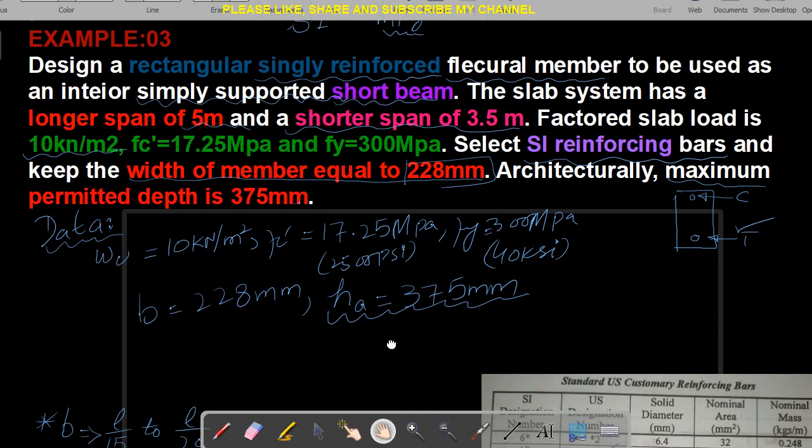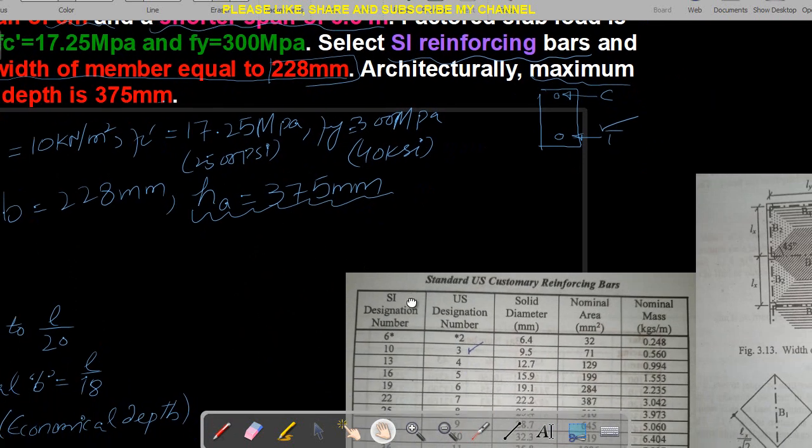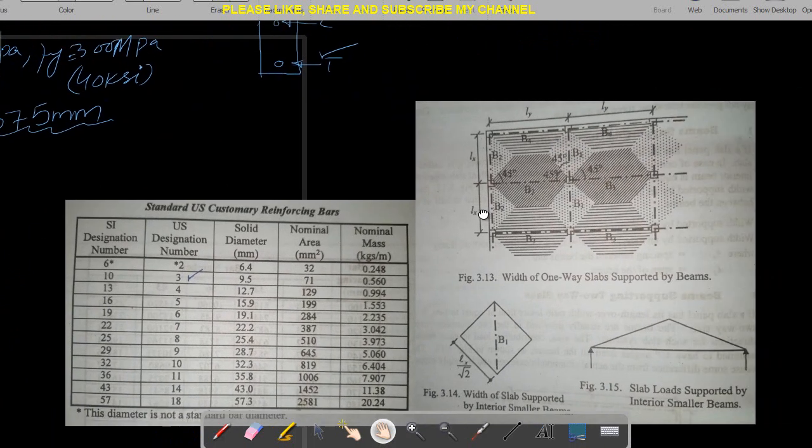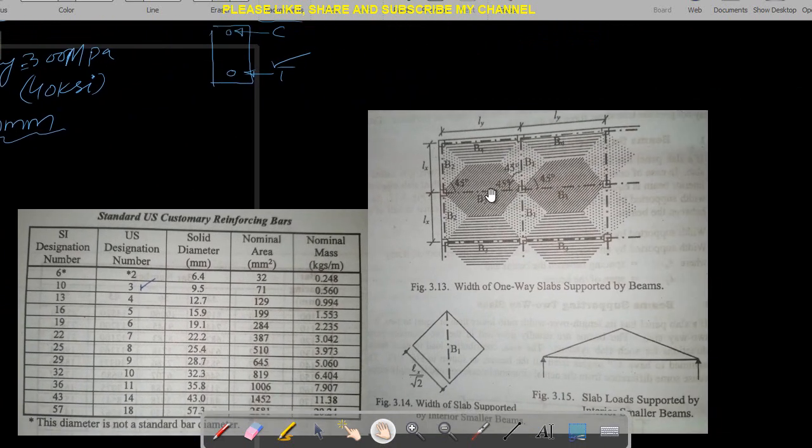Now, first of all, we explain this diagram. We have already covered this part in, I think, lecture 02 part 8 or 9. So we can see here we have the longer beam and we have the shorter beam. We have to design this shorter beam having a span of 3.5 meter, right?